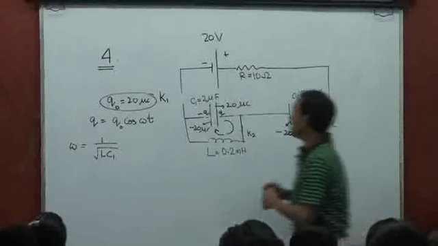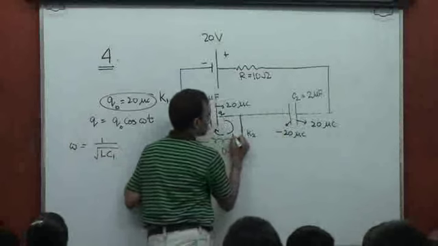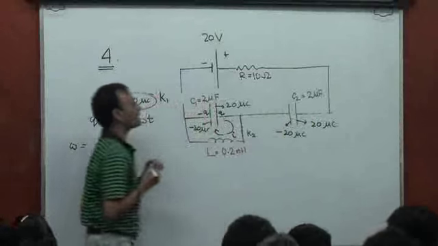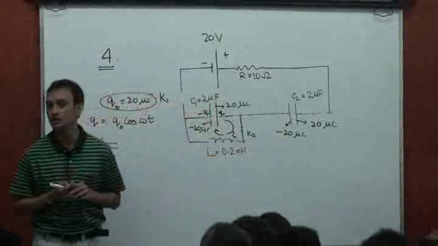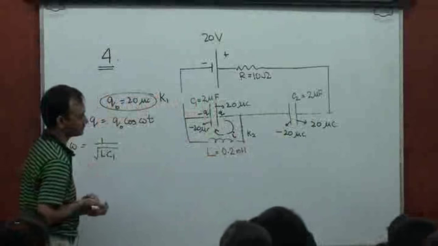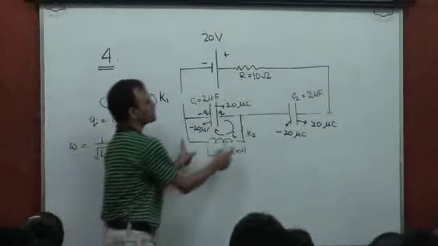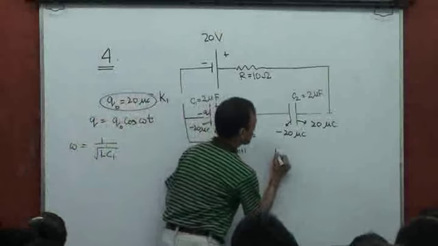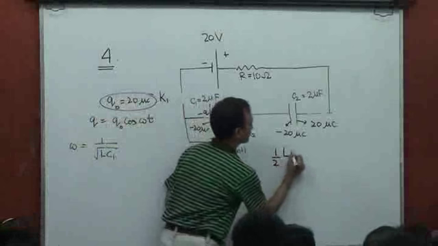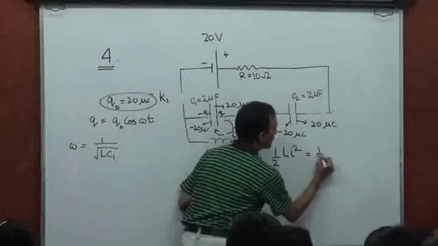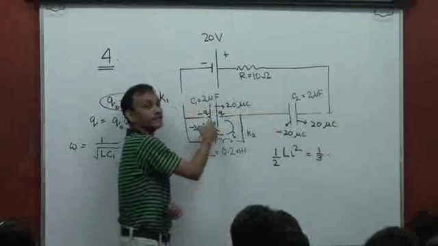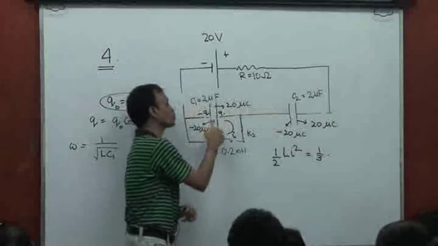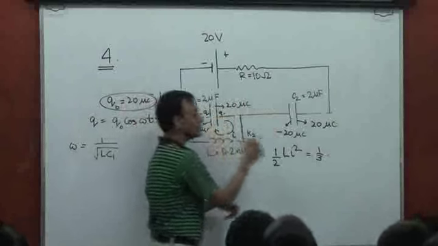Okay, let's say I is the current at such an instant. Then what's the energy in the inductor? Half L i squared, right? And that's 1/3 the energy in the capacitor. That means 1/3 Q squared by 2C1.